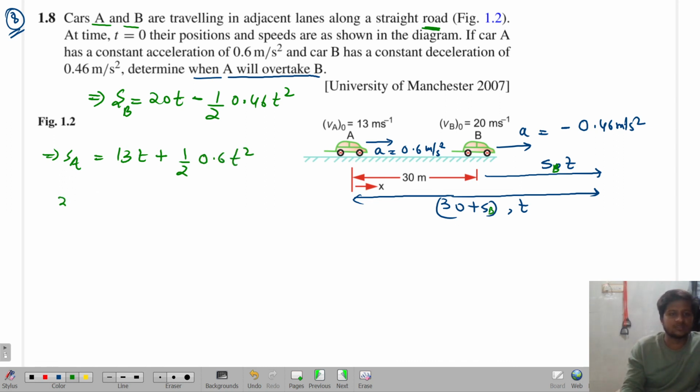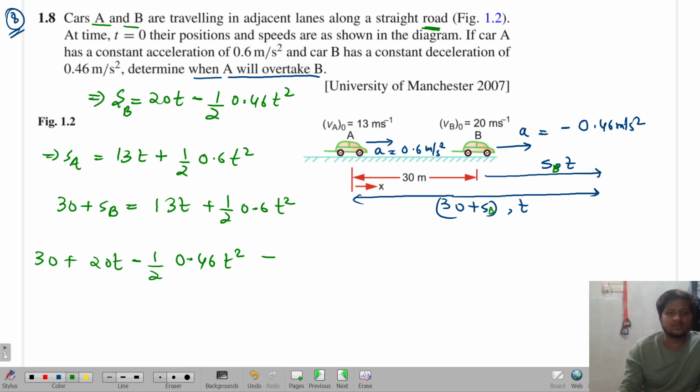But S of A is 30 plus S of B, equal to 13t plus half of 0.6 into t square. Replacing S of B: 30 plus 20t minus half of 0.46 into t square equals 13t plus half of 0.6 into t square.